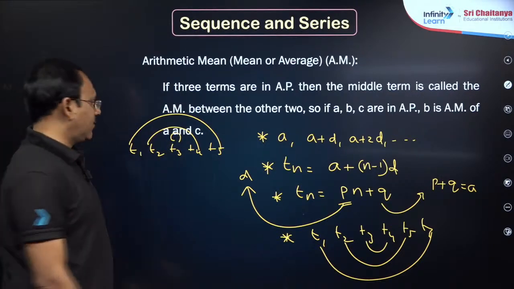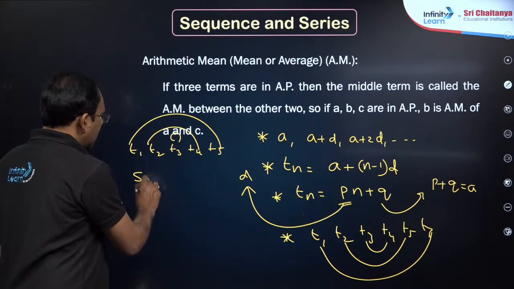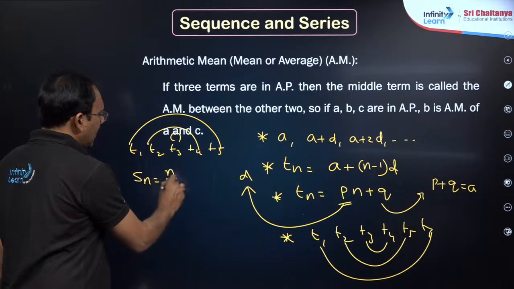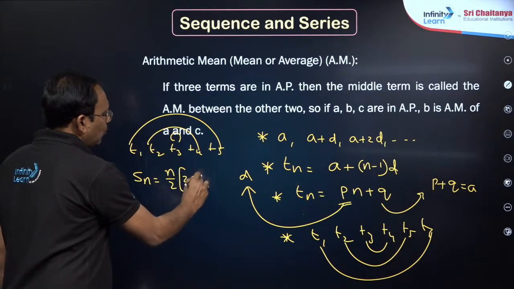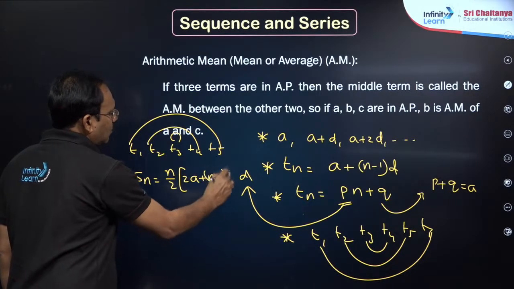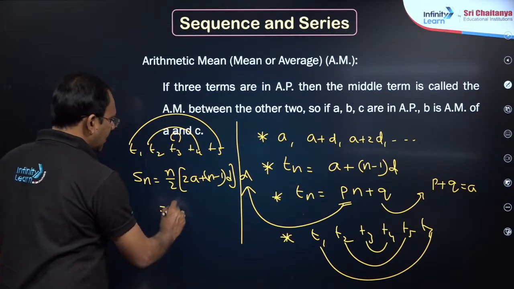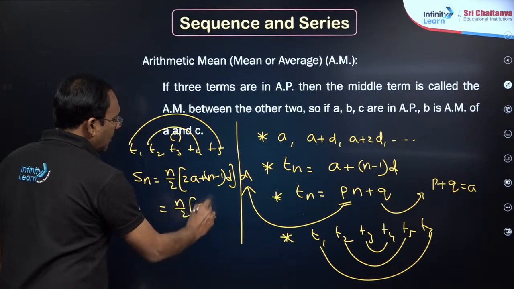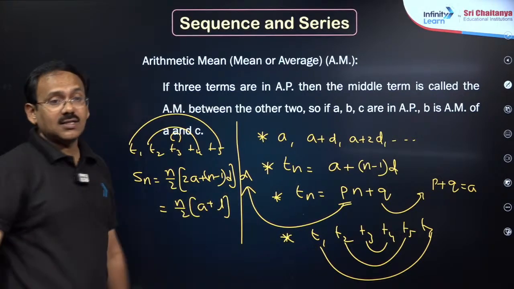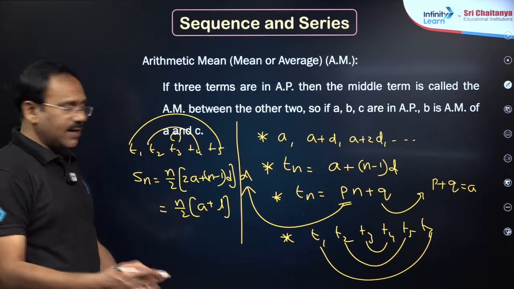This is the beautiful observation. The sum of n terms of an AP will be n by 2 into 2a plus (n minus 1) into d, which you can also write as n by 2 into (a plus L), where L is the last term, that is, the nth term.